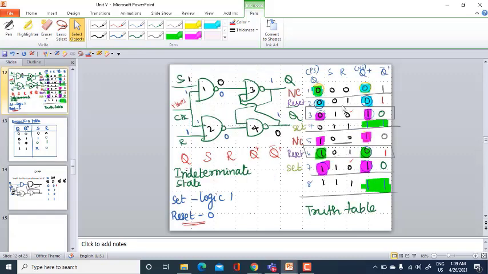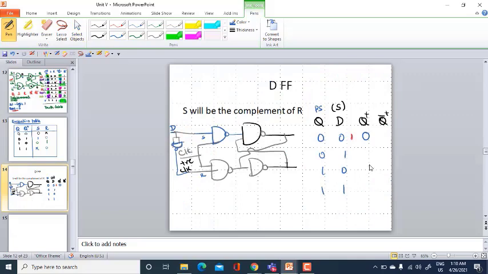That is said to be your reset state. In reset state, what will you have? You will be having 0 at the output. See, look ahead. S is 0, R is 1. You will be having 0 at the output.